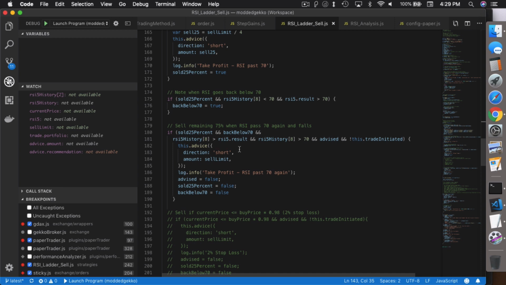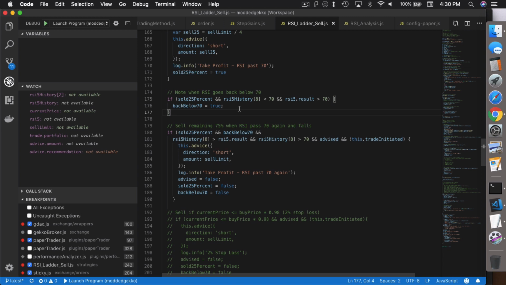We'll get this if statement to sell 75% to activate only when the previous candle is greater than the current candle and the previous candle is greater than 70. That's why this logic right here, where RSI is greater than 70, or the RSI of the previous candle is greater than 70, is different than this logic. We have to make sure that they're different, because otherwise both of these statements trigger in the same candle and the logic's all broken. So we definitely needed to trigger on different candles.